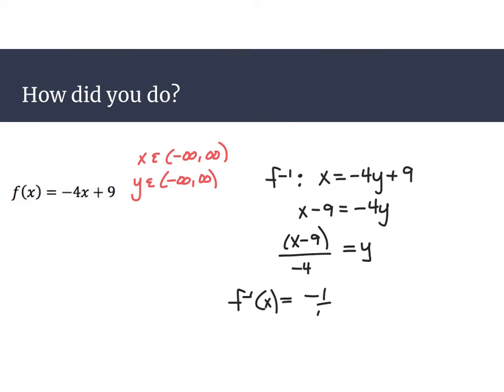Remember, we're not allowed to leave a negative in our denominator. The range from the original becomes the domain of my inverse. And the domain from the original is the range of my inverse. Because those are all real numbers, you can't tell that they were switched, but they were.